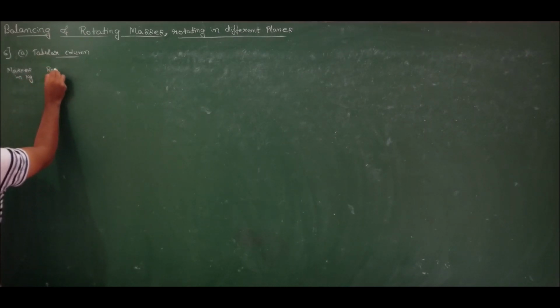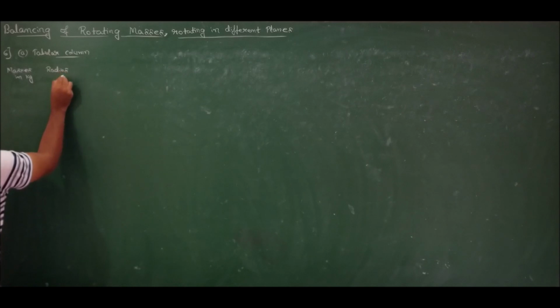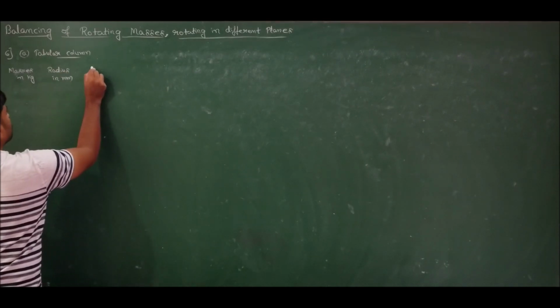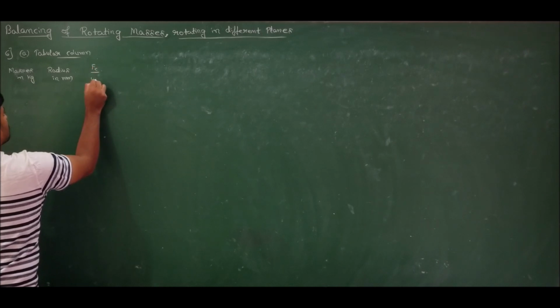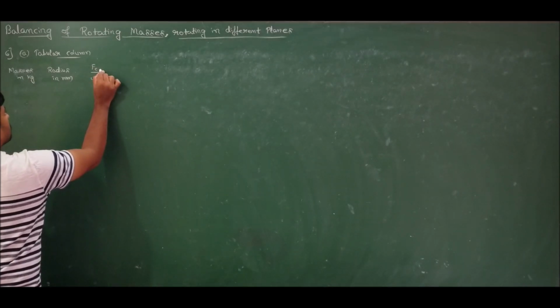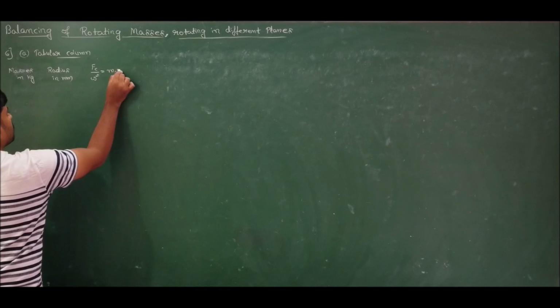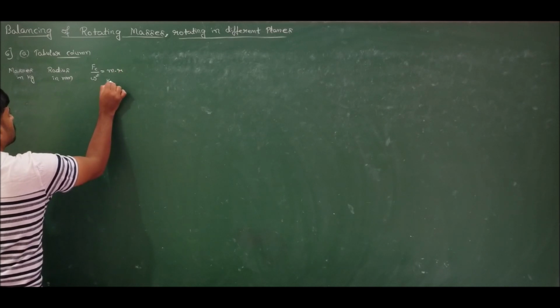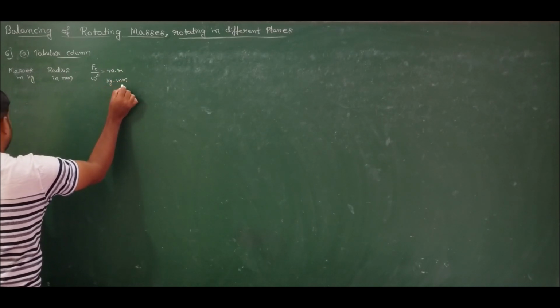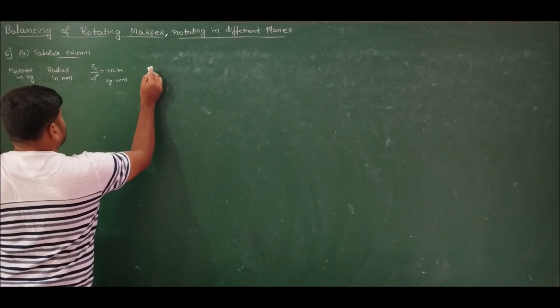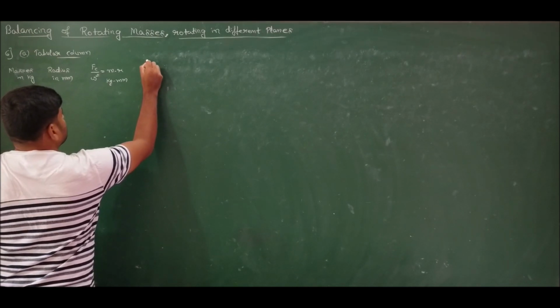Next we have radius in millimeters, and next we have Fc by omega square, centrifugal force by omega square, which is m into r. The unit will become kg mm.